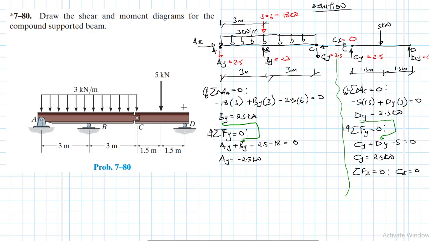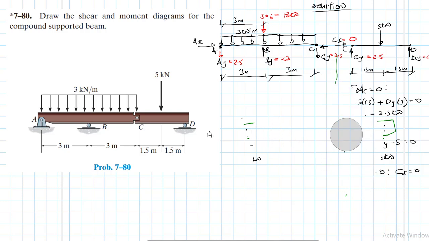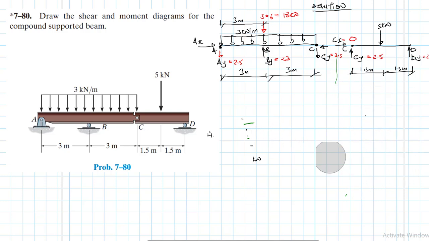We just need to get rid of this so that we have some space. With this information we can now do the plots without drawing anything else. Of course, we didn't calculate Ax. The summation of forces in the x direction is going to be 0, because we don't have any loading in that direction.